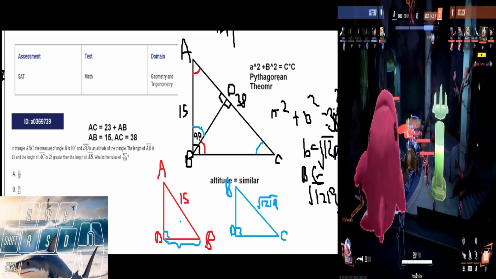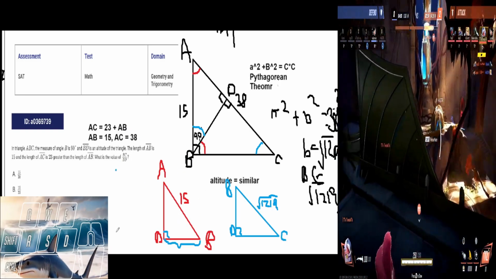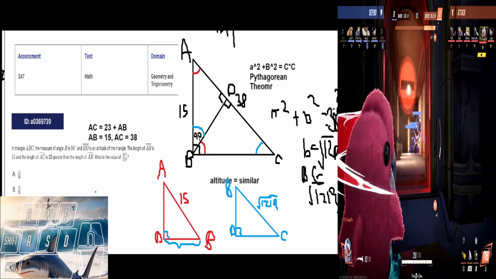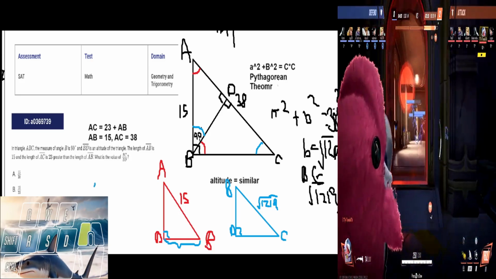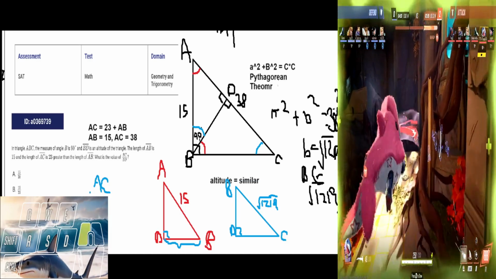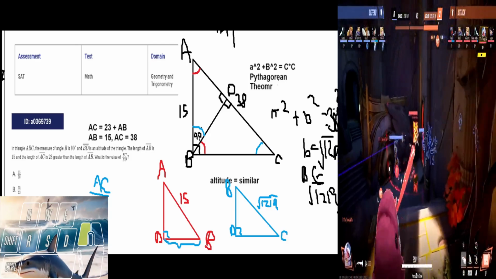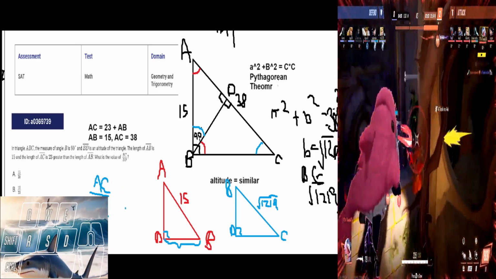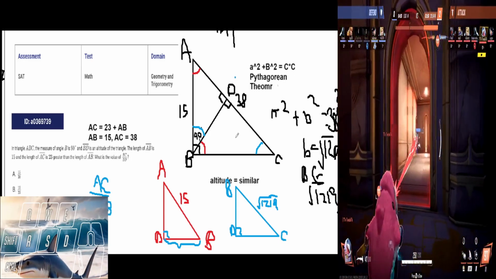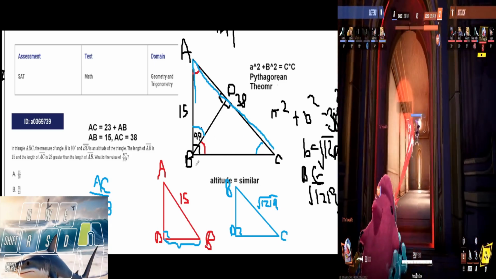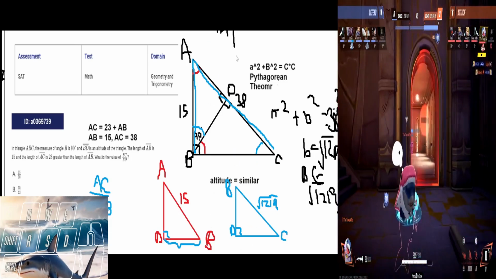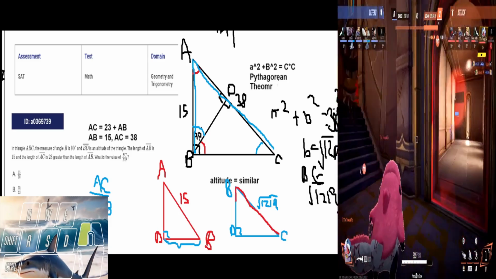Using the simple principle of similarities between the sides of similar triangles, we know that the proportion between AC and BC, or rather AC and AB, being this side and this side, is the same proportion, because these three triangles are all similar, as this side and this side.